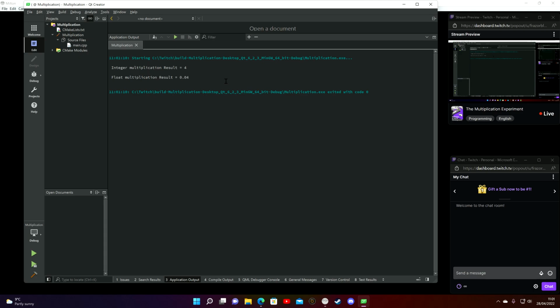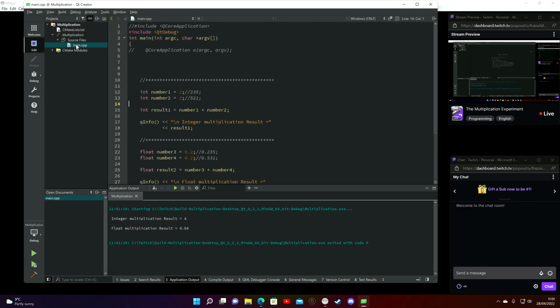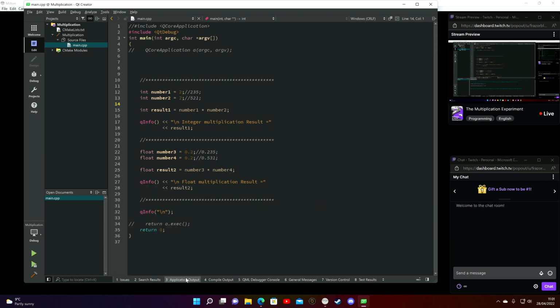So let's have a look at the program. It's a big file. We can get rid of the application output. There you go. So this is the integer multiplication, and this is the floating point multiplication. As you can see, I've done exactly the same each time. So 2 times 2, 0.2 times 0.2.